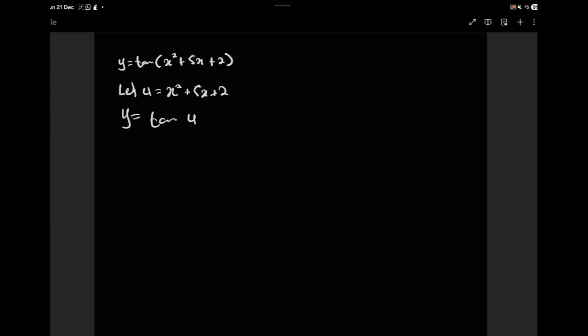Alright, so with this we can look for du over dx, which is 2x plus 5. And for the second one, tan u, so dy over du will become secant squared u.